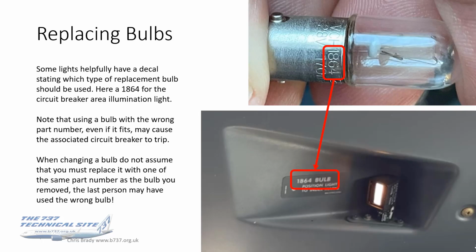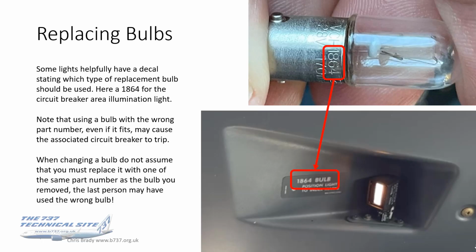Replacing bulbs. So let's have a word about this. As previously mentioned, some lights helpfully have a decal on them stating which type of replacement bulb should be used. Going back to the circuit breaker area illumination light, it actually says an 1864 bulb, and you can see in the photo that is an 1864 bulb, and there'll be one of those in the spare bulb pack.